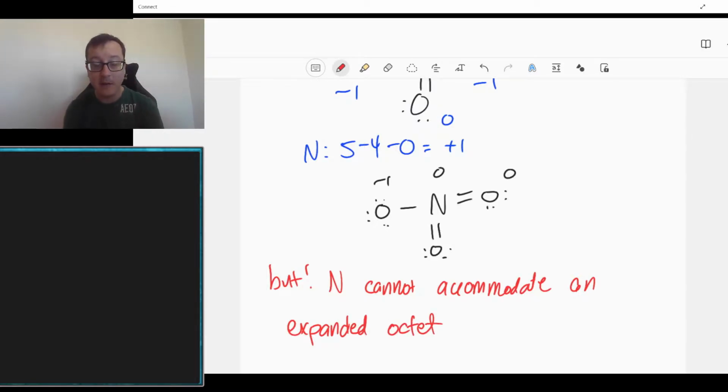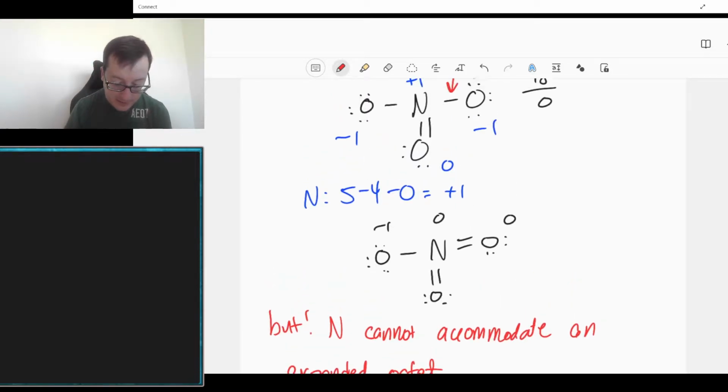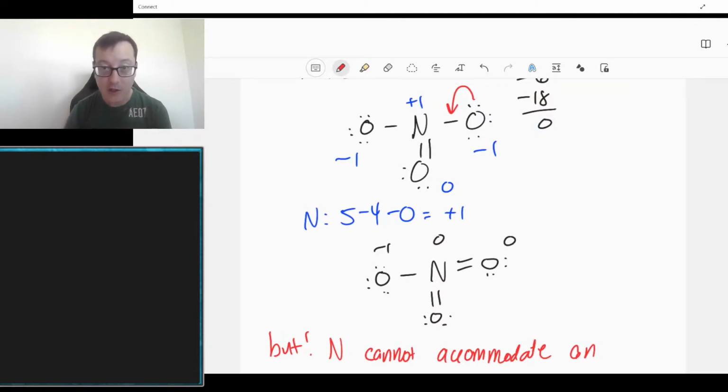It cannot accommodate the expanded octet. So this is not acceptable. So as a result, we cannot do this adjustment of the Lewis structure.